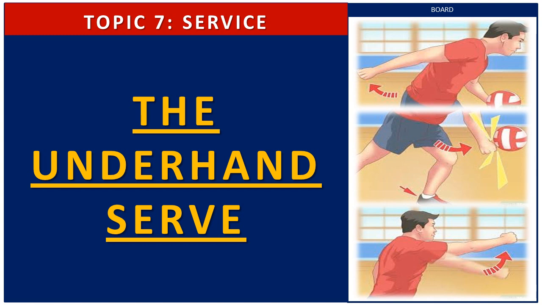The underhand serve can be useful to someone who cannot yet generate the power required to get the overhand serve across the net. It is also valuable to those who have trouble coordinating the timing between the toss and contact with the ball. So once again, that is the underhand serve.